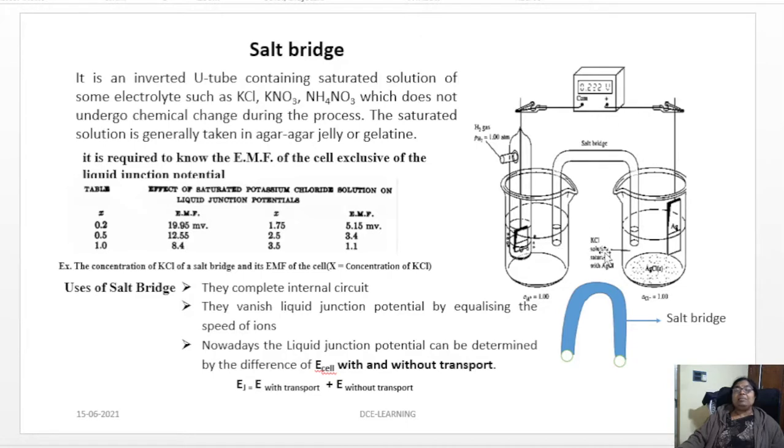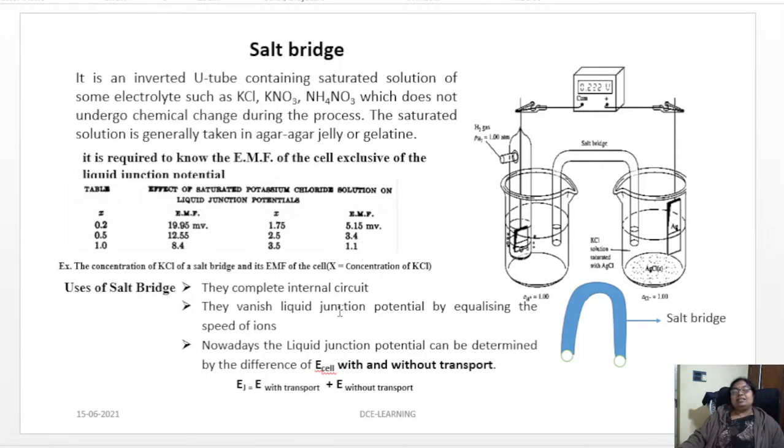For example, if it is required to know the EMF of the cell exclusive of the liquid junction potential, you use a salt bridge. As the concentration of KCl increases from 0.2 to 3.5, the EMF of the cell decreases.